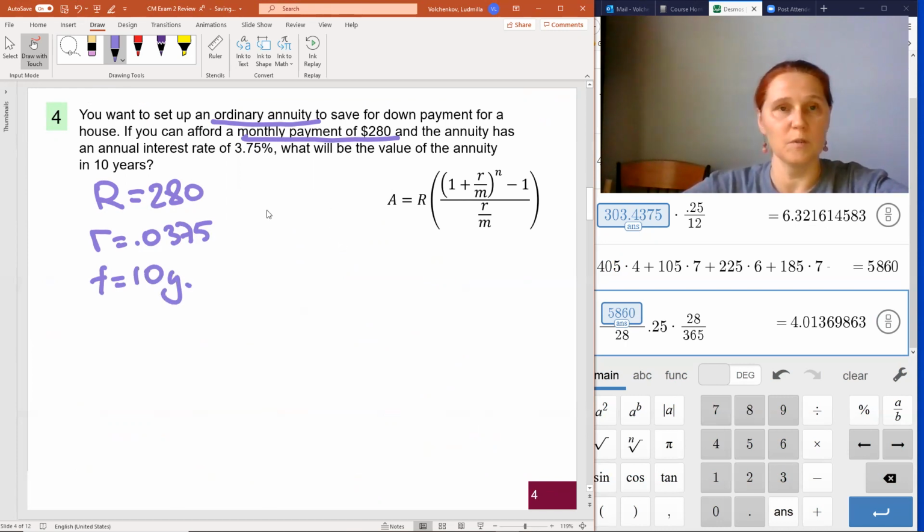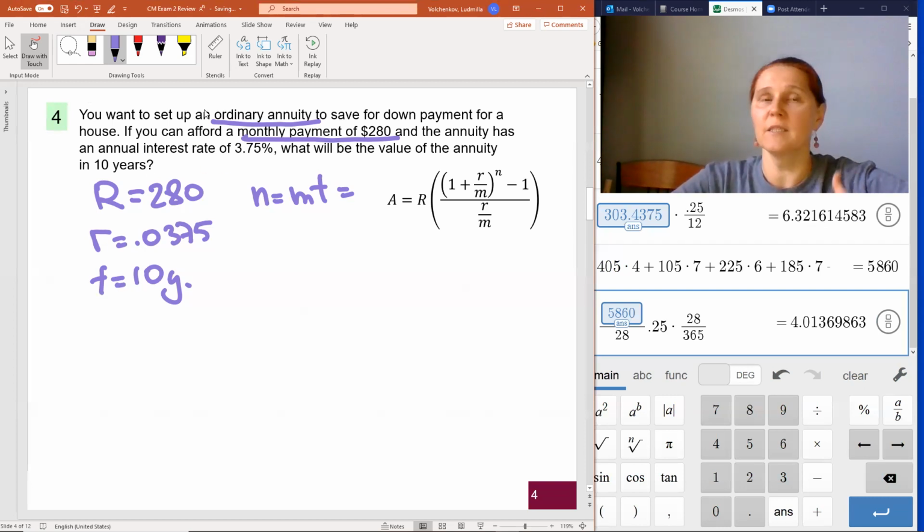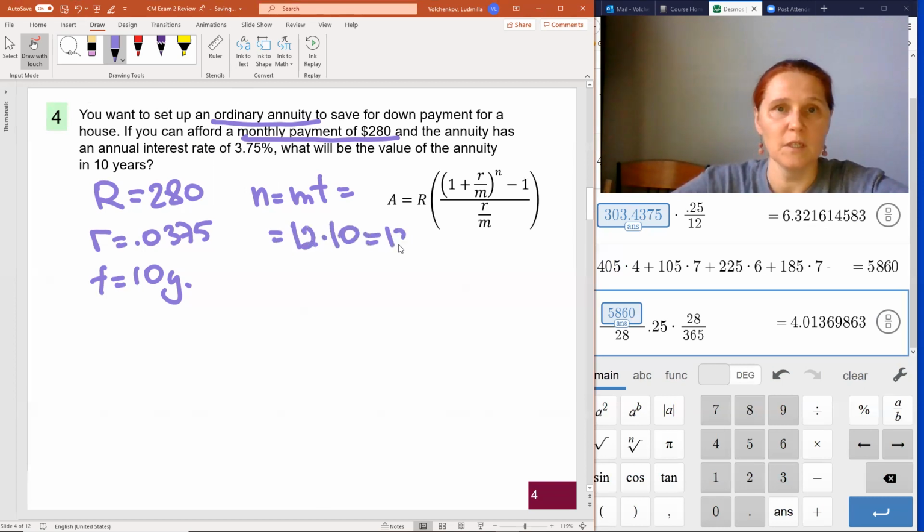So for this problem, we also need N. N is M times T. Compounding is done monthly, and since it is an ordinary annuity, the payments must be in the same period, 12 times a year, 12 times 10, 120 compounding periods in total.